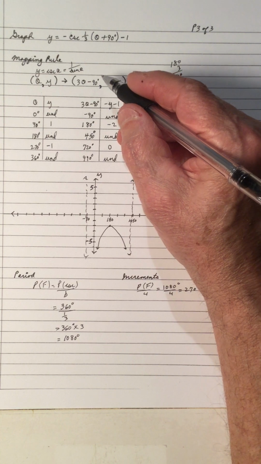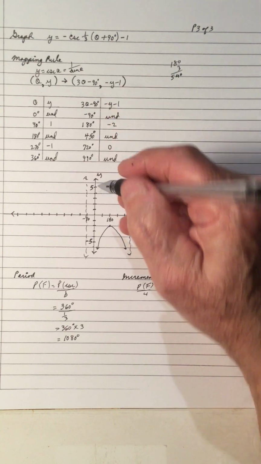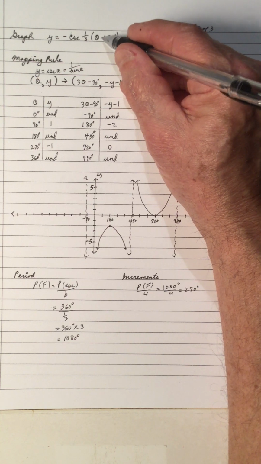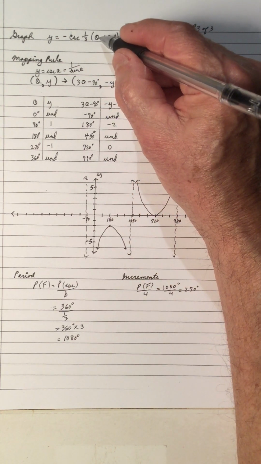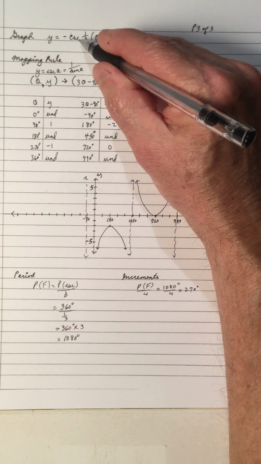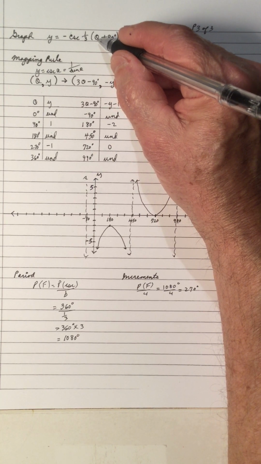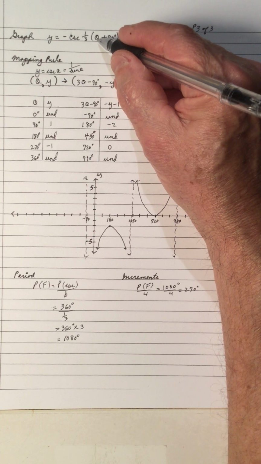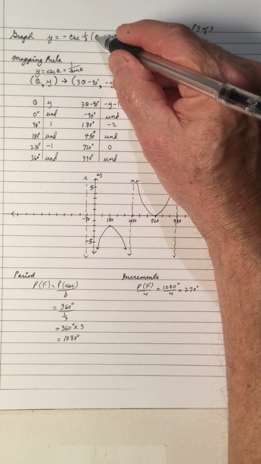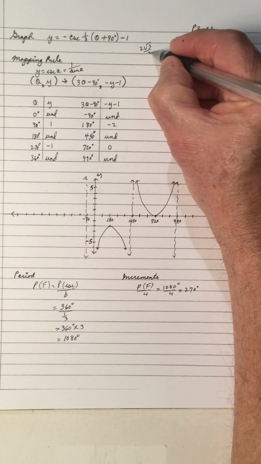So if you take 90 and put it into this equation, what do you get? 90 is 180, 1/3 of 180 is 60. The cosecant of 60 is 1 over the sine of 60. Sine of 60 is root 3 over 2, and we do the reciprocal as 2 over root 3, and 2 over root 3 is 2 root 3 over 3.